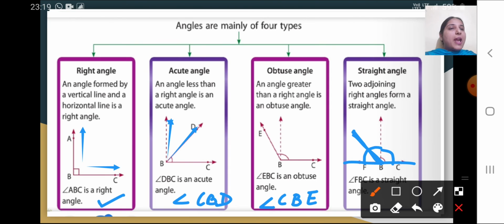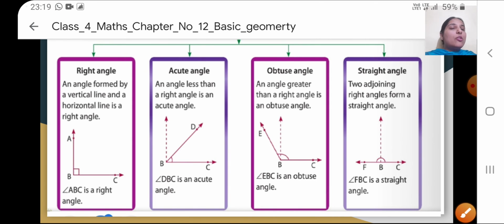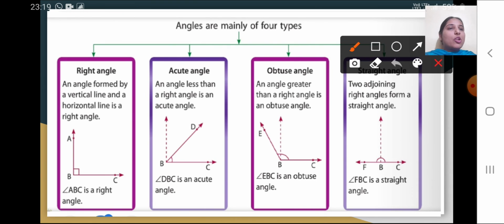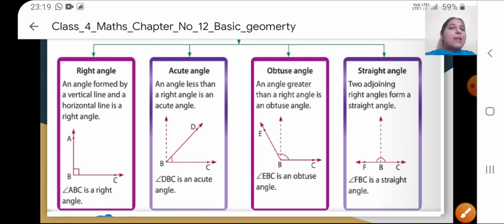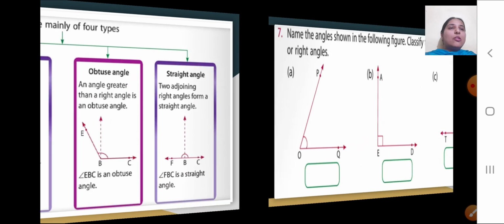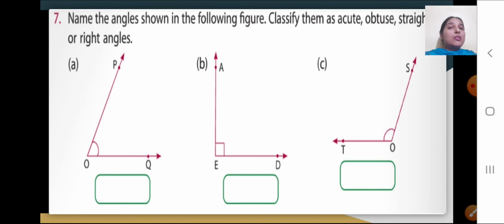So here angle FBC, or it can also be named as angle CBF, is a straight angle. Okay children, so these are the four types of angle, that is right angle, acute angle, obtuse angle and straight angle. Okay, now let's go through some examples.